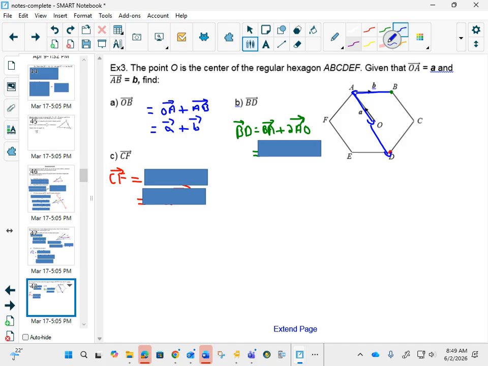And it would end perfectly. You could also say, well, I want to go this way and then this way. And you can steal vectors by saying this one here is exactly the same and parallel to that one there. Because it's a hexagon, those all make equilateral triangles, which all have the same lengths. No matter which method you use, you will find out that it's negative B minus 2A's.